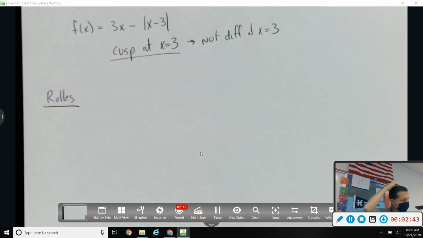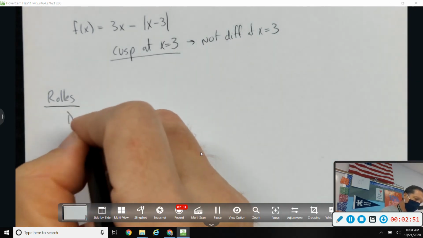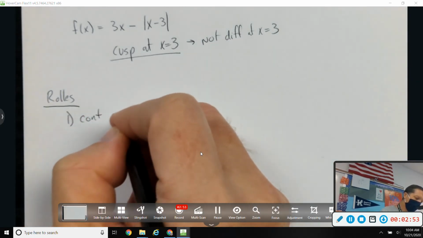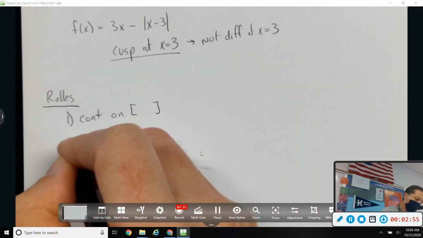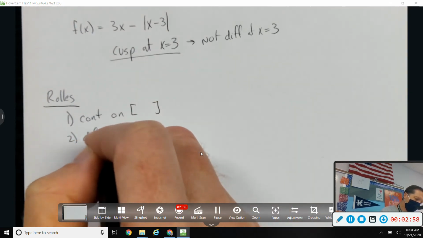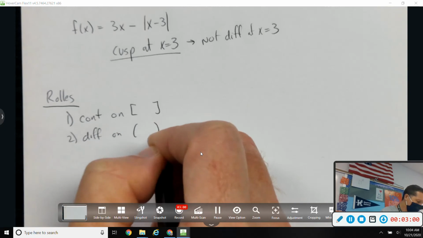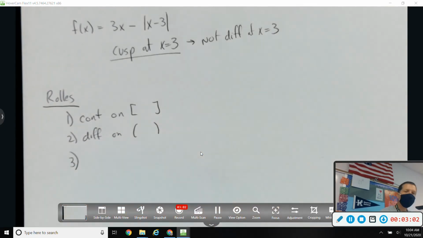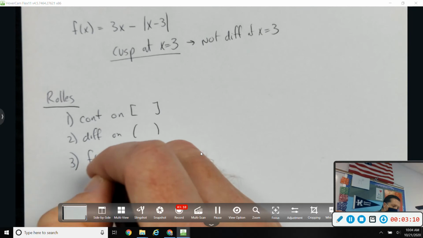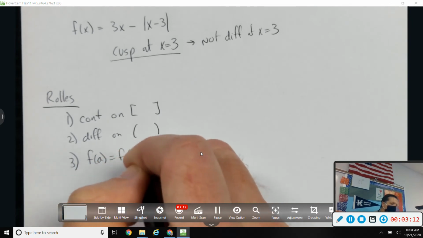Let's talk about Rolle's and MVT. Rolle's had to be continuous on the closed, differentiable on the open. And what was that extra criteria that Rolle's has that MVT doesn't have? Right, the endpoints, the y value at the endpoints have to be equal.